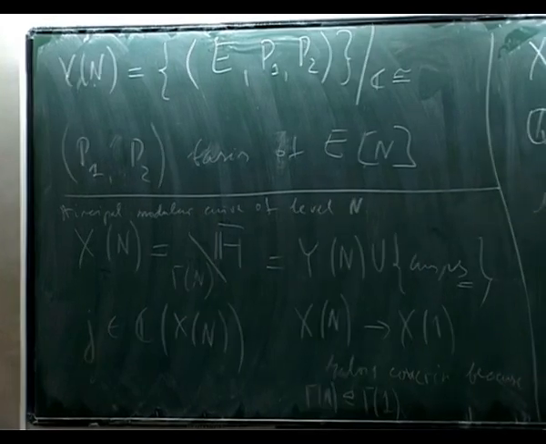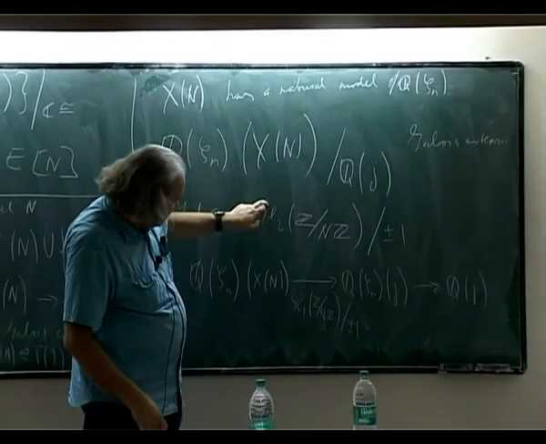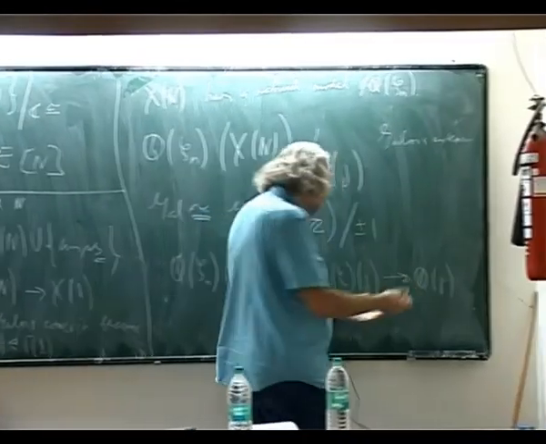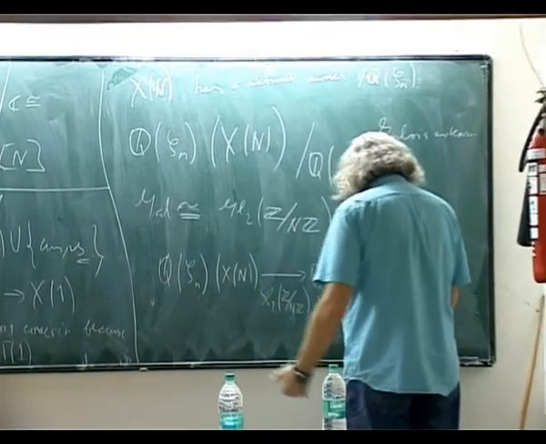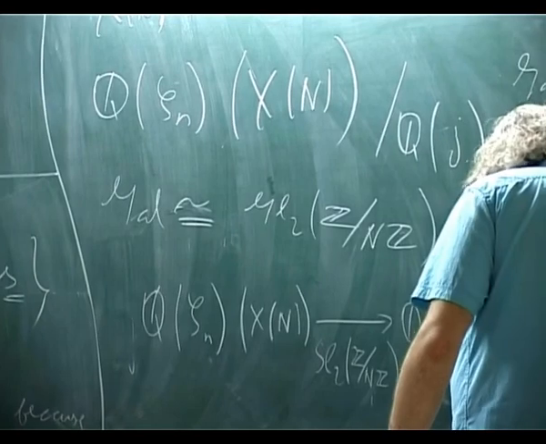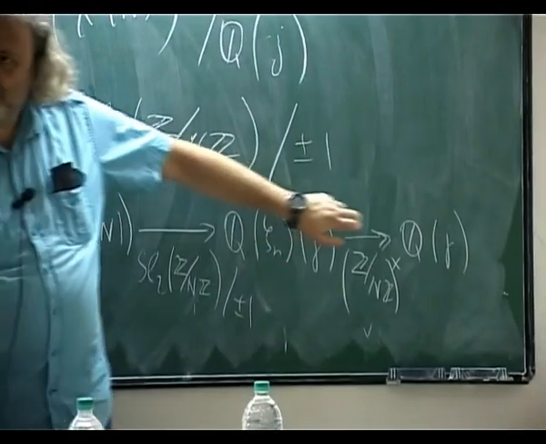And here it is this group quotiented by this group. So it is simply what? It is the determinant that acts. So here is Z over NZ, which is exactly the Galois group of the cyclotomic field over Q.